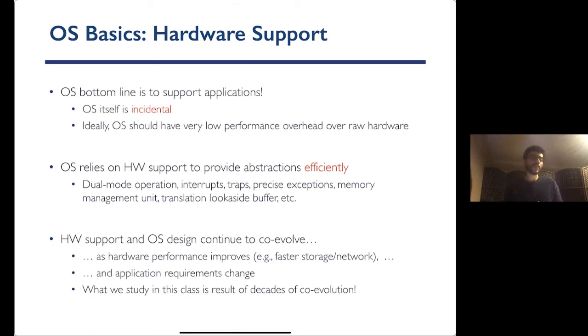It's a segmentation fault, and so on and so forth. So this is where we rely on hardware, usually to get performance. There are a bunch of examples here: memory management, dual mode operation, interrupts, traps, and so on, which we will talk about most of in detail in future lectures.